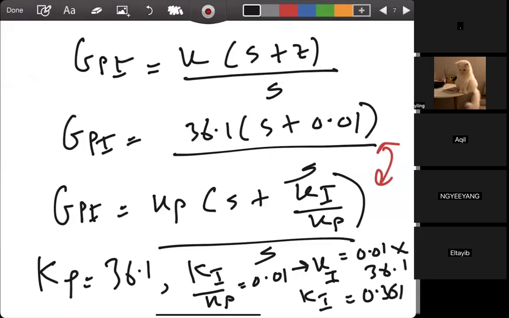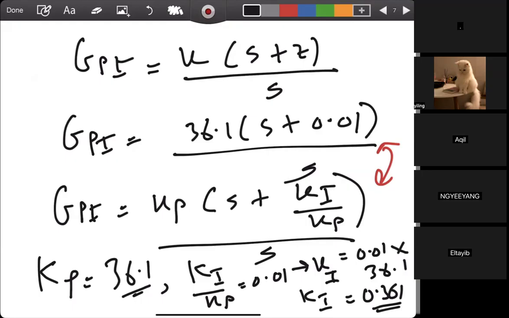0.361. So this value, KP 36.1 and KI 0.361 will be inserted inside the controller, okay, using potentiometer or attenuator, variable resistance, or you just insert the values.